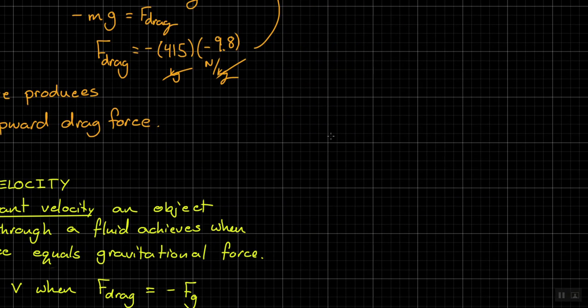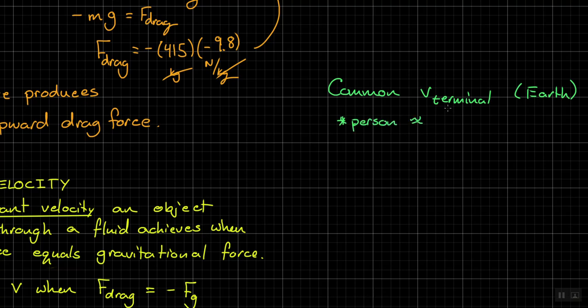And then you guys are going to have about 15 minutes. So common V terminal. I'm just going to say Earth. All right, person. And obviously it depends on the person, but we're working with their arms out, 60 meters per second.